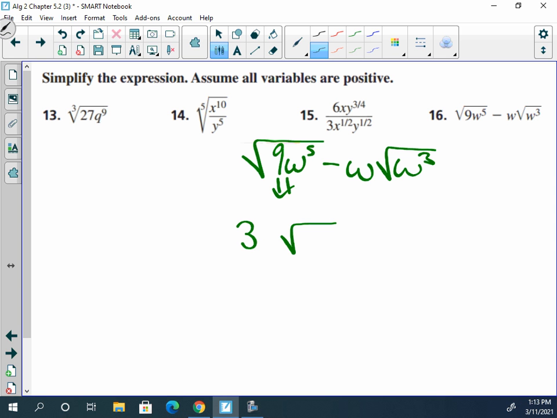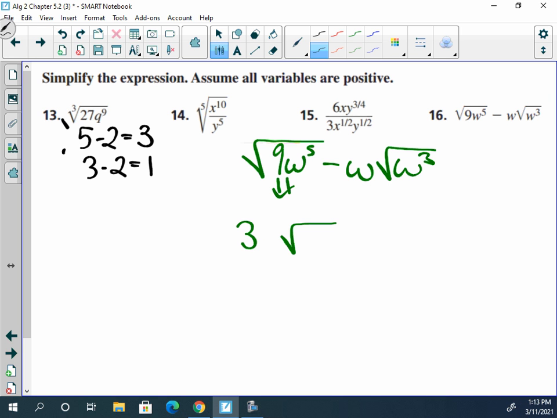Now is 5 divisible by 2? Not evenly, right? So let's use the subtraction method. 5 minus 2 is 3. Well, I can do it again. 3 minus 2 is 1. I can't subtract 2 from 1 without going to negatives.